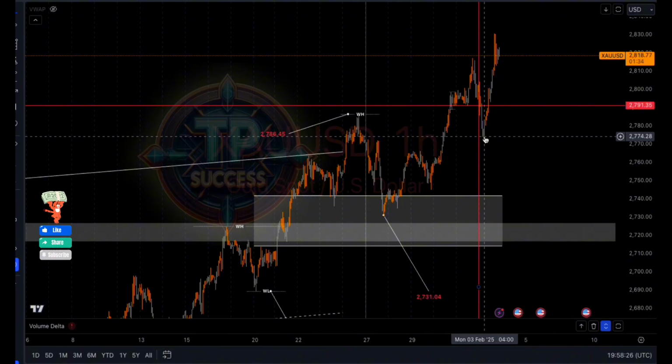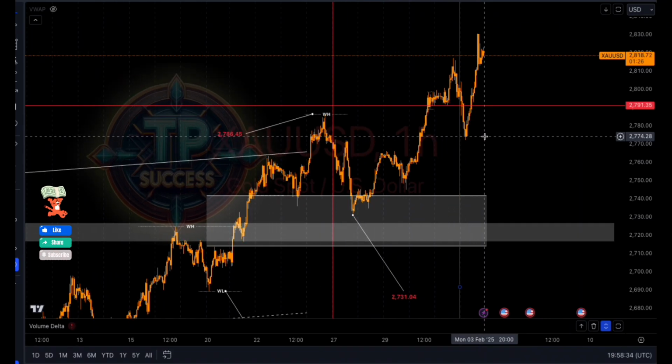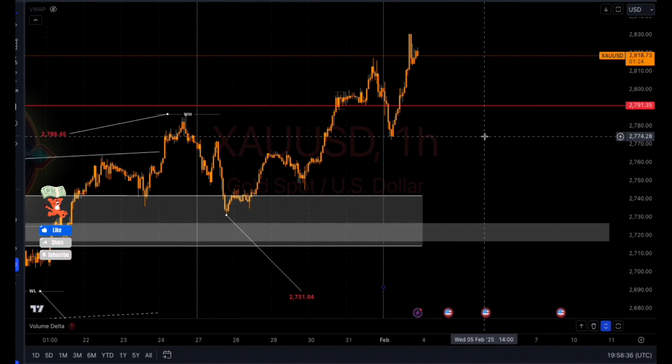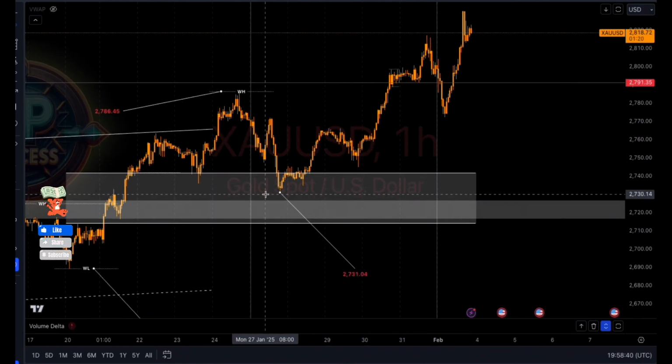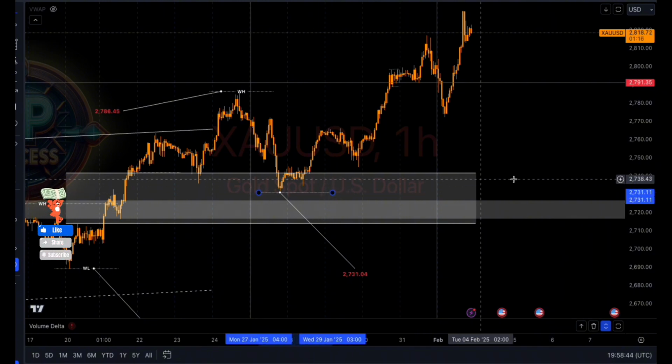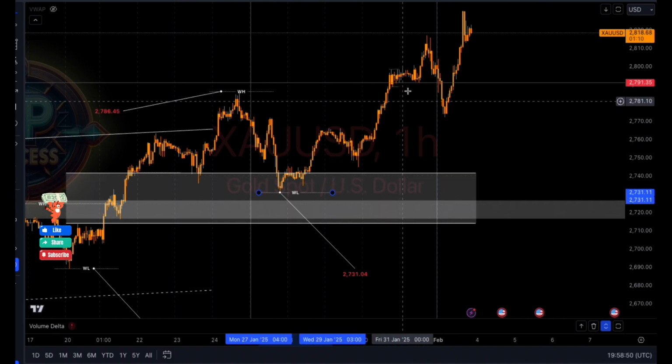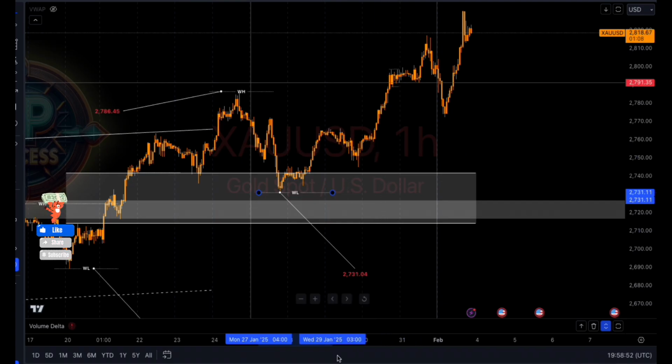So we now need to discover what exactly is going on in the market, and then position ourselves accordingly. First things first, let me bring in the levels that we're going to need to help us with the first couple of days of market movement. First we've got the weekly low that we called out last week, and then we have the weekly high.